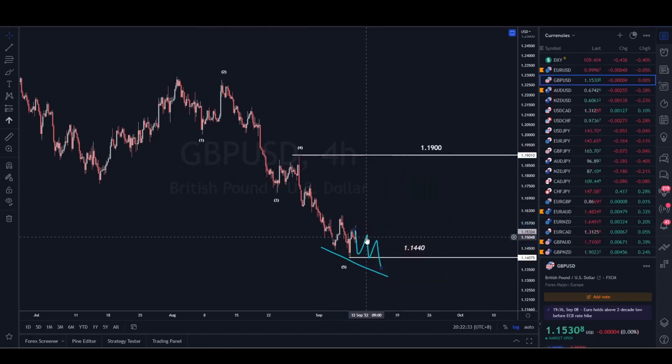I don't think this week you're going to get anything out of it. This would probably take a little more time, maybe until next week or so, because for the market to develop into a diagonal, it's going to be slow and take time, and therefore you need to be patient on that.